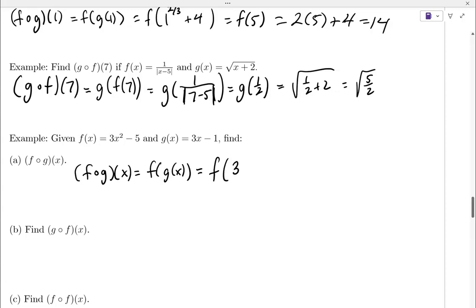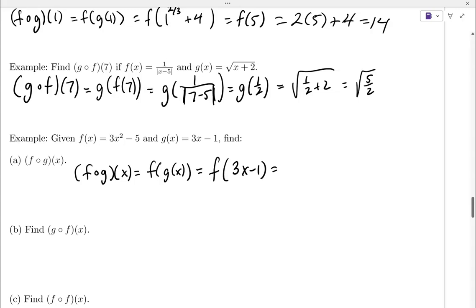So same idea here. I'm just going to leave it as an x. Our G of x is 3x minus 1, so I'm just going to replace G of x with 3x minus 1. That's what it says to do, right? If I have an x, I take it times 3 and subtract 1. I'm just leaving it as an x. What does this notation tell us to do now? What am I going to do with this 3x minus 1? Yeah, I'm going to put it in for the x in the F, right?